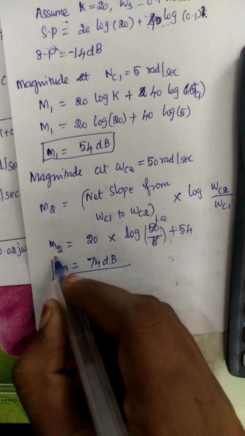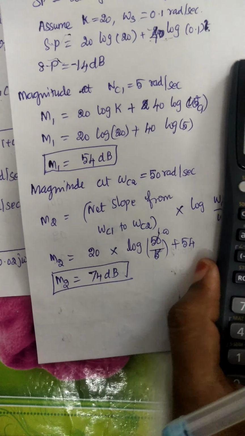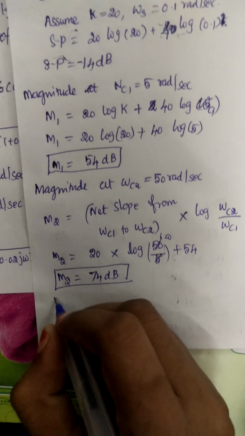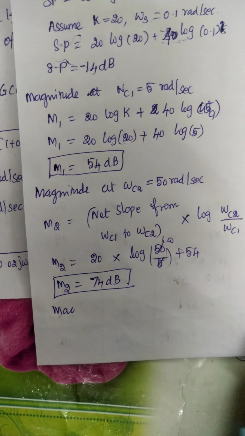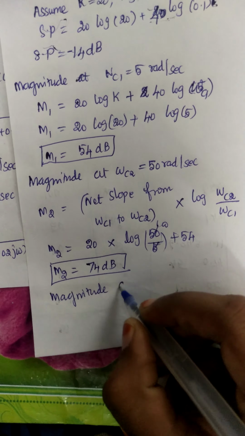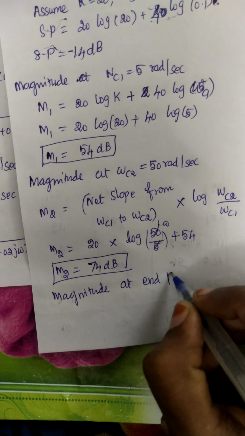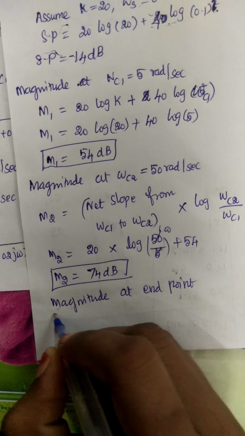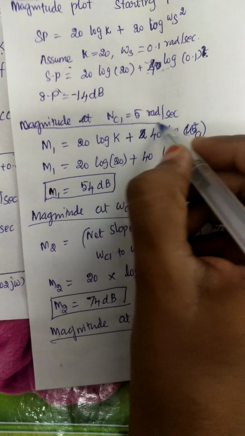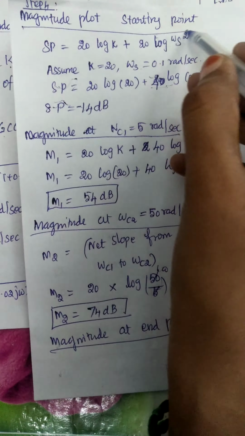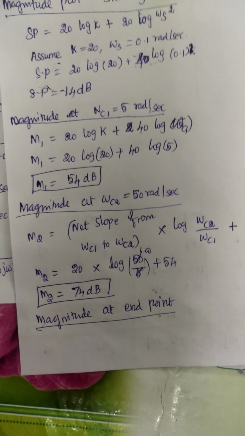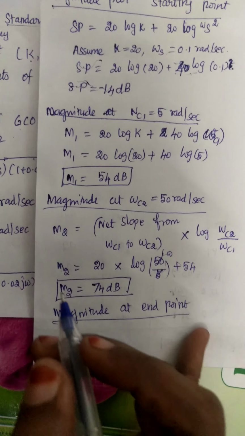So in the next point we are going to take the omega at the end point. Let me take our magnitude at the end point. The calculation is the same formula.